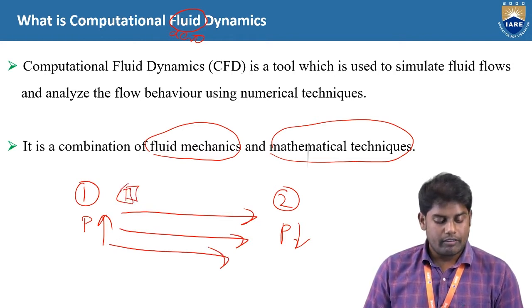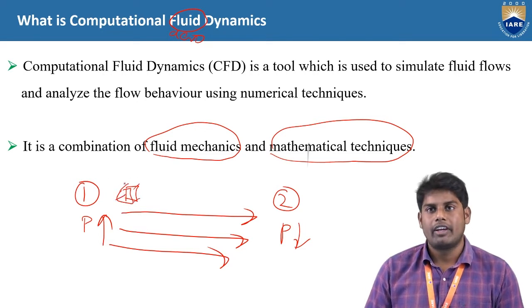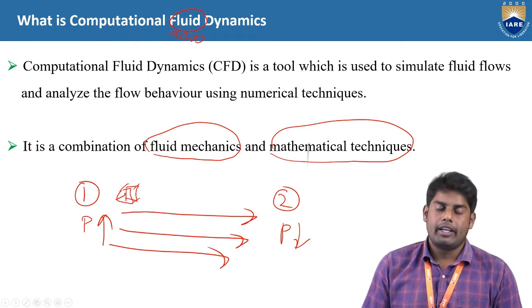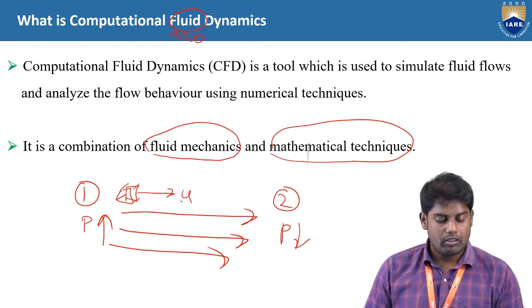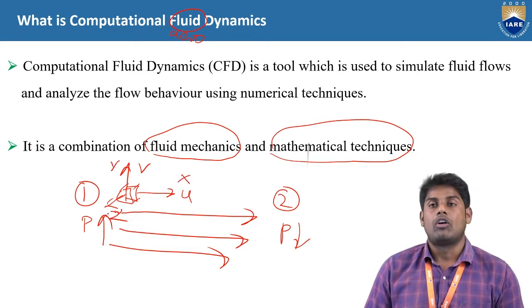If you see the air, you have fluid particles. A fluid particle we can take as cubical or any other shape. Let us take a cubic shape. It will have u direction velocity, v velocity and w velocity, in the sense of x, y and z coordinates.